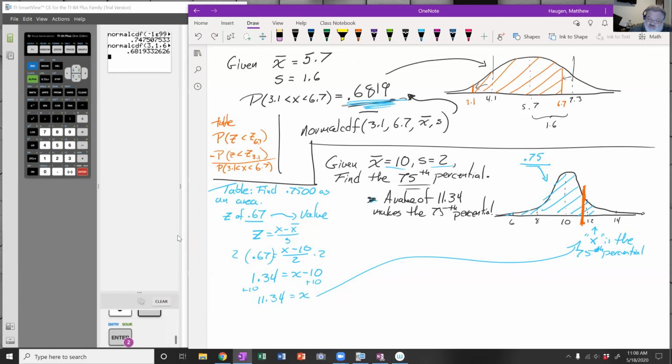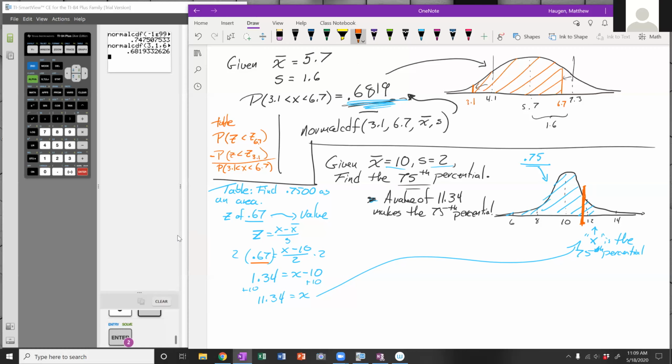And actually, it always is. What percentile is usually one z-score? Well, it does vary actually. Okay.